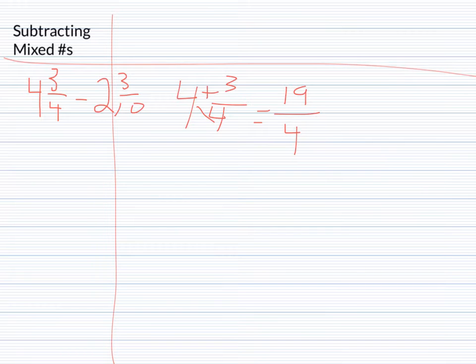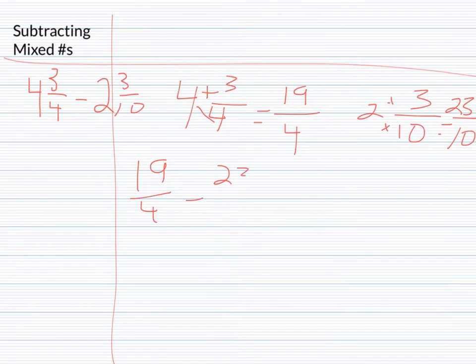Now, to find 2 3/10, we would do 10 times 2, which equals 20, plus 3, which equals 23 over 10. Great, so now we have our improper fractions. We have 19/4 minus 23 over 10.